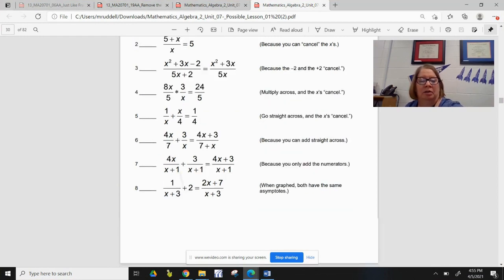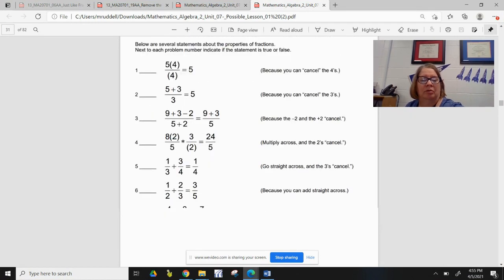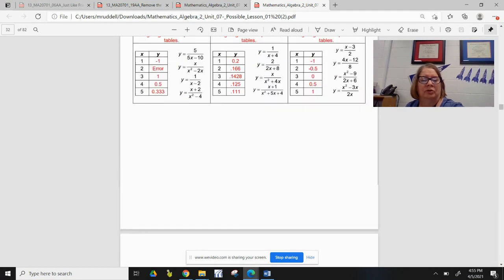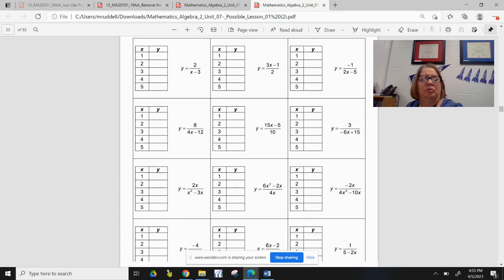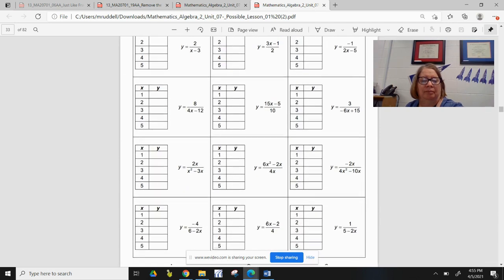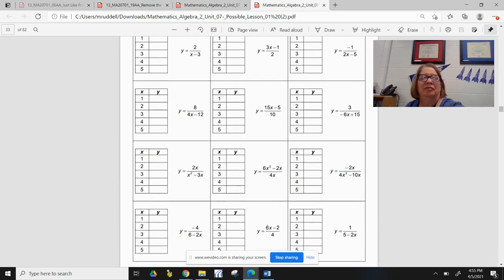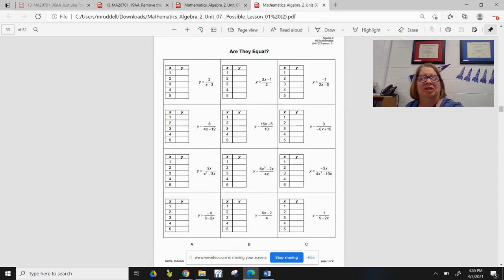Okay. Now, let's go here. For these, I want you to pick one column. You can pick A or B or C. If you're really looking for something to do, you could do all 3 of them.